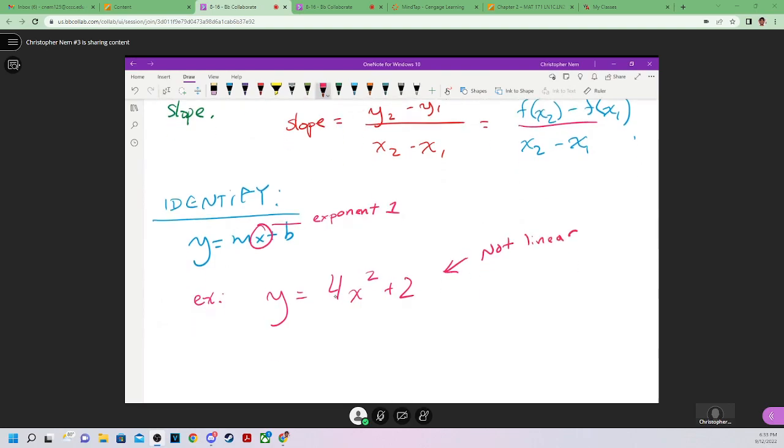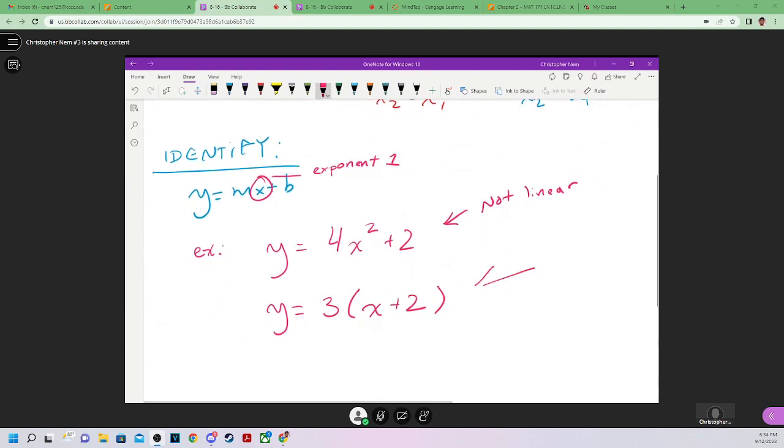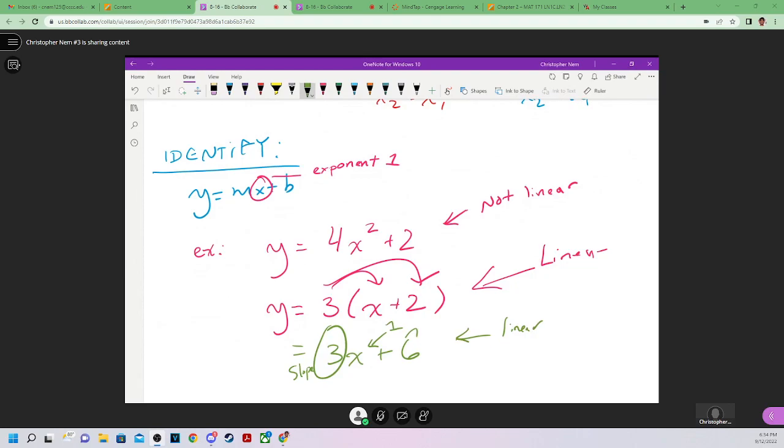Now, what if instead I had y equals 3 times x plus 2? You would actually have to distribute this out to determine if it was linear or not. If you distribute that out, you get 3x plus 6. This is your slope. This is raised to the first power, so it is linear. And of course, this is your y-intercept.